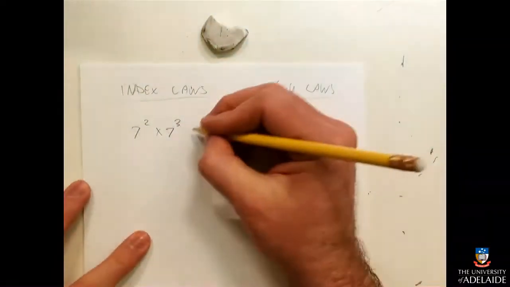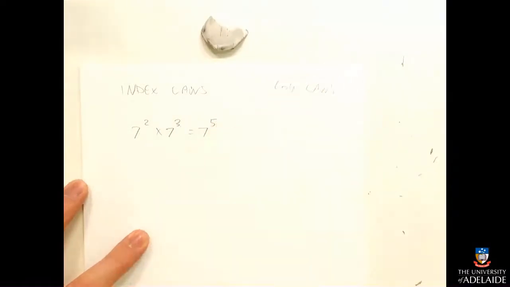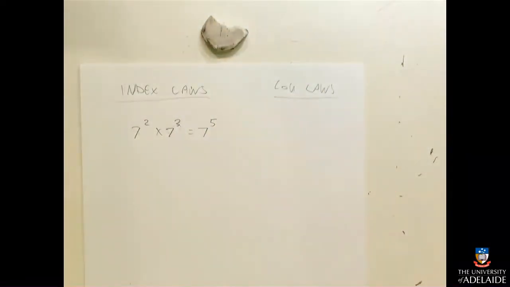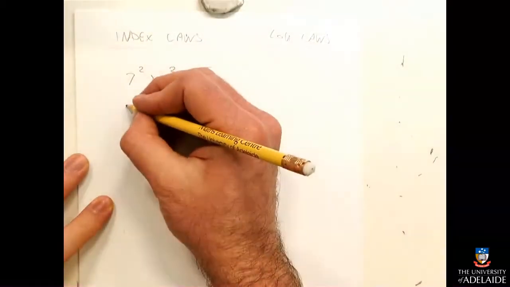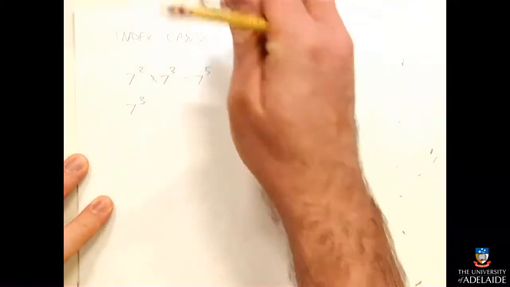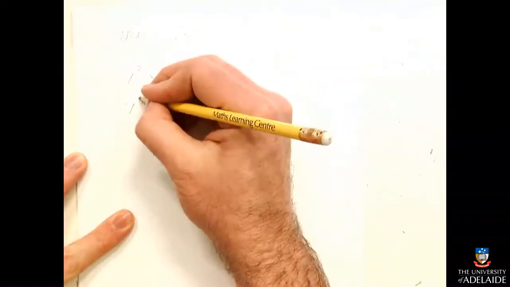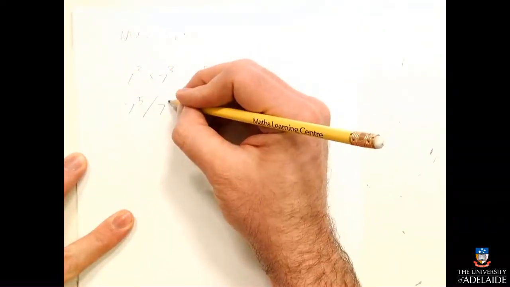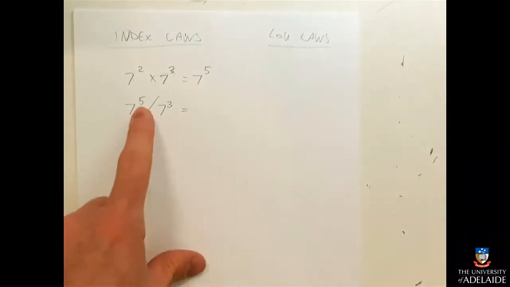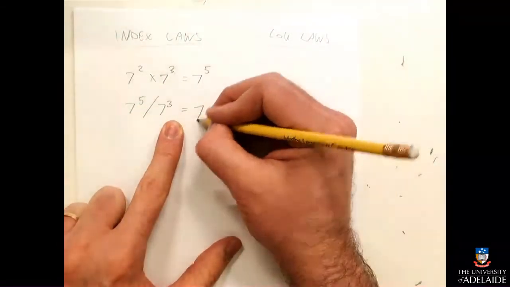Okay, so if you multiply 2 that are both 7, then what will happen is they'll add. So 7 to the power of 2 times 7 to the power of 3 is 7 to the power of 2 plus 3. And if you divide things, 7 to the power of 5 divided by 7 to the power of 3 will be 7 to the power of 2.